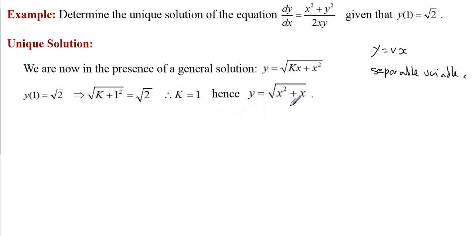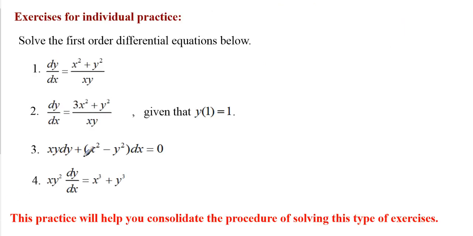And once you've done that and you think you understand, you can now attempt the following exercises. But I would like to call your attention to number 3 and number 4. I hope you note that these are not given in the form dy/dx equals f of x like in number 1.